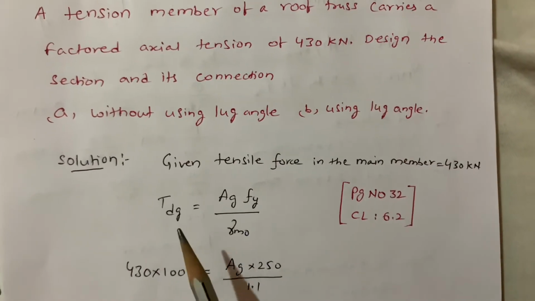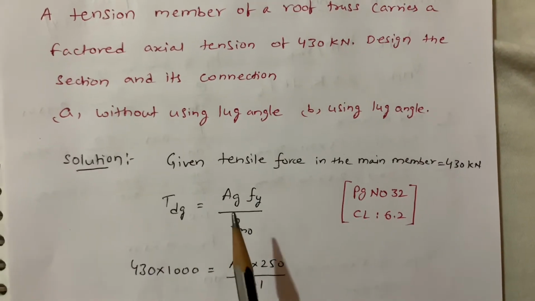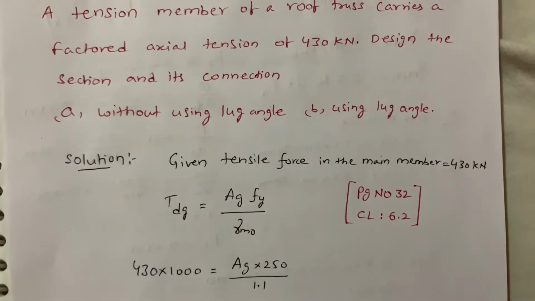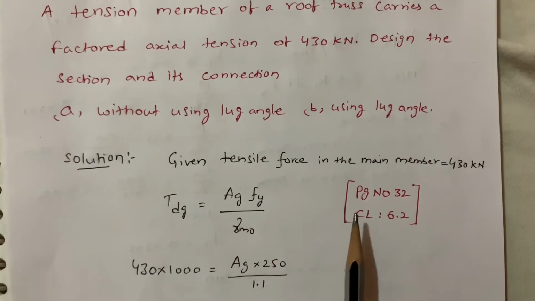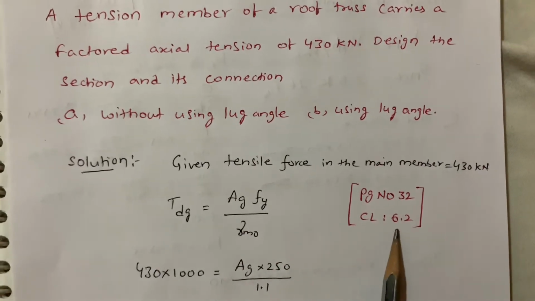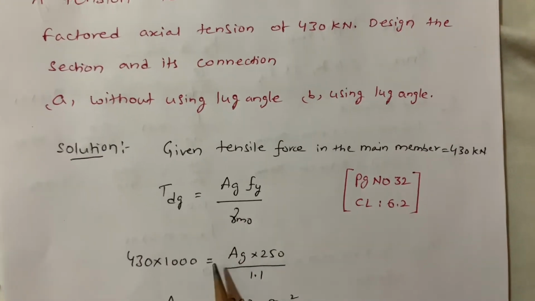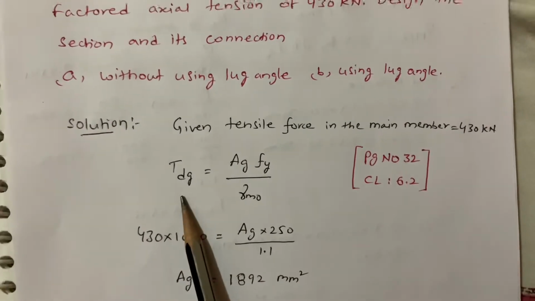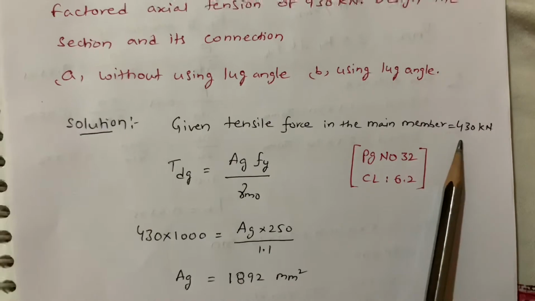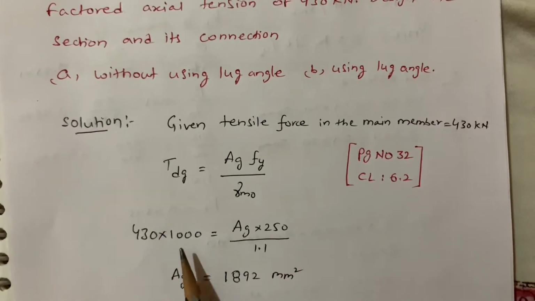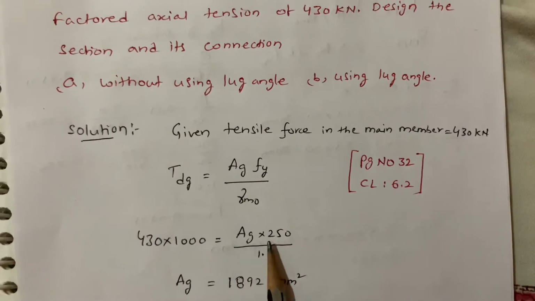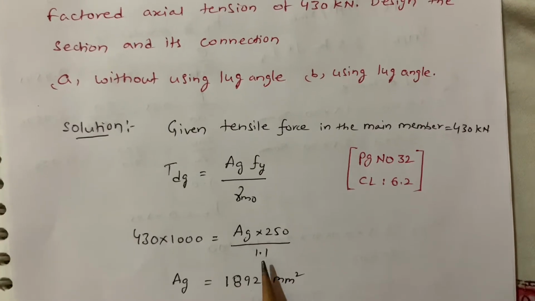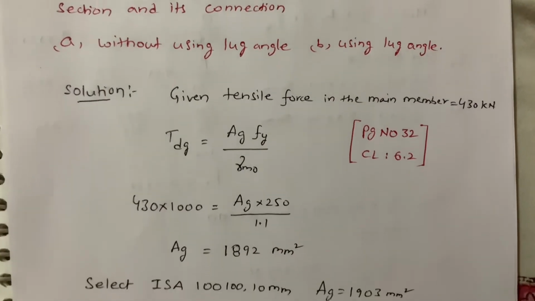For this, first we need to find out the Ag value. To select the section, we need to find out the Ag value. The formula is available on page number 32, clause number 6.2. Here Ag is found from Tdg, the tension member strength: the tensile force, that is 430, Fy is the yield stress, and gamma m0 is the partial safety factor, which is available in Table 5, page number 30.